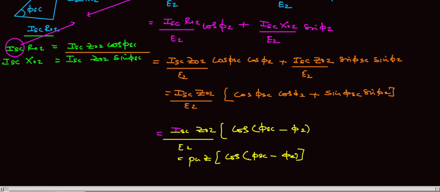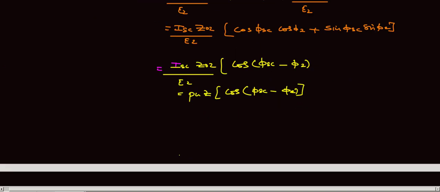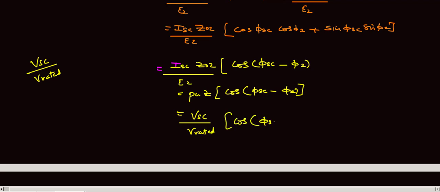What do we know about per unit impedance? In the short circuit test, Vsc by V rated is nothing but the per unit impedance. So I can write this as Vsc by V rated into cos of (phi SC minus phi 2). Can I write that or not?